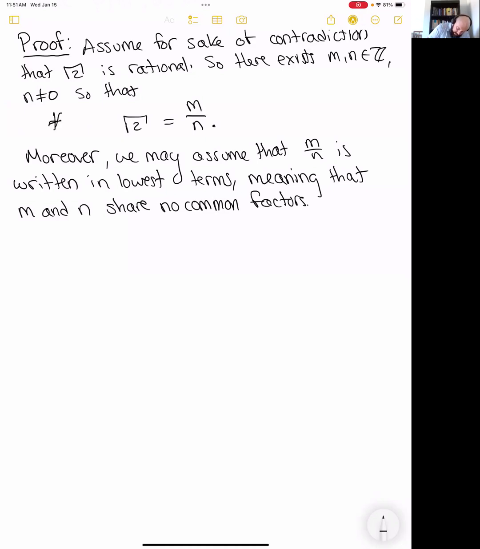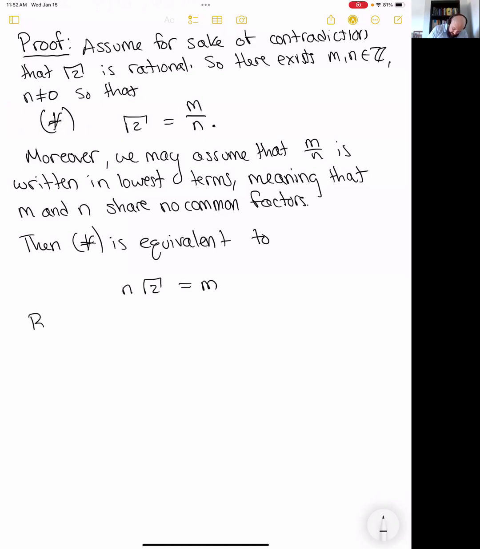So then, let's call this thing star. Then star is equivalent to, let me put parentheses around this, n times square root of 2 is equal to m.